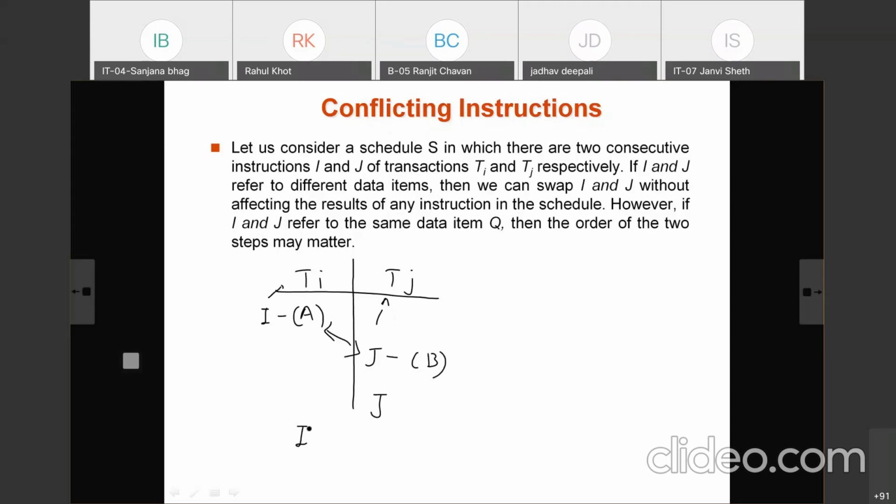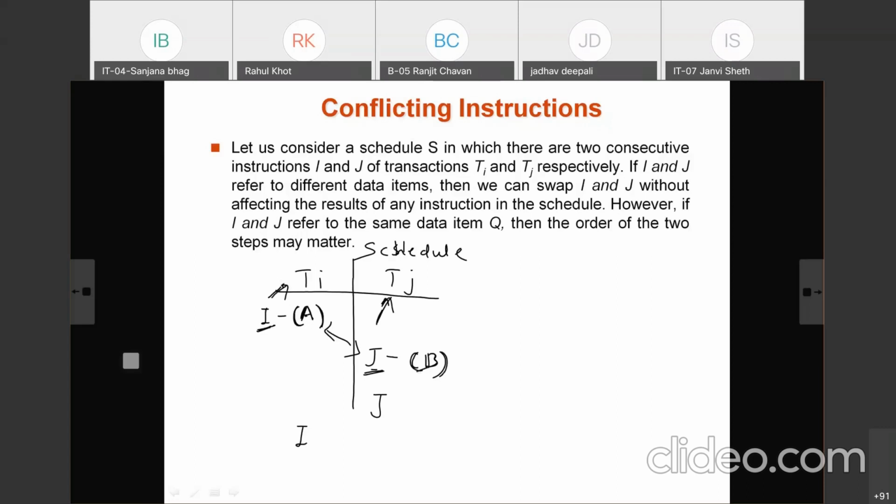Have you understood? See the first statement: we consider a schedule S in which there are two consecutive instructions I and J belonging to transaction Ti and transaction Tj. If instruction I and instruction J operate on two different data items, suppose I operates on A and J operates on B, then we can swap I and J easily without affecting any other instruction.